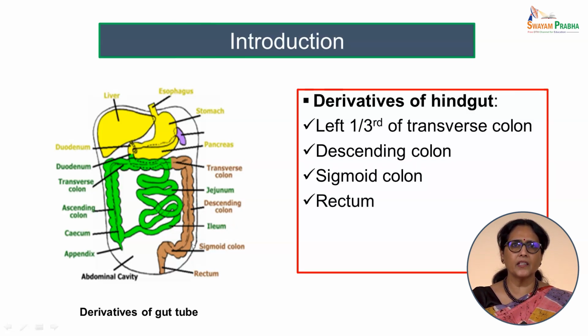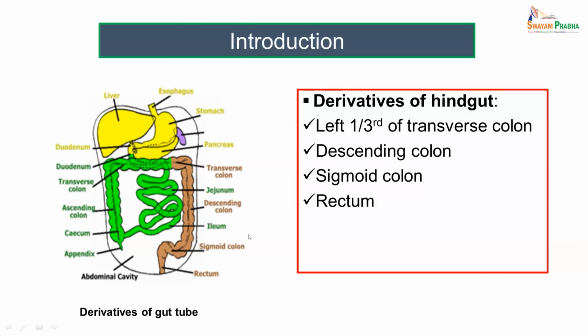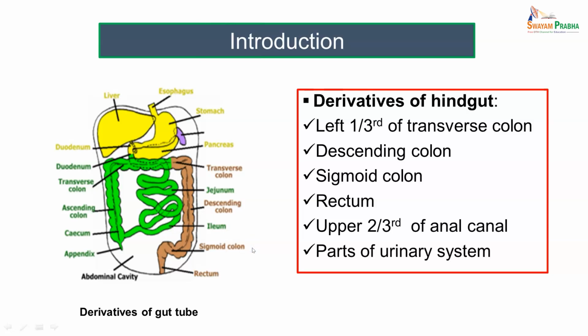All these are present on the left half of the abdominal cavity. The left 1/3 of transverse colon, descending colon, sigmoid colon, rectum. The other derivatives are the upper 2/3 of anal canal, which lies in the pelvic cavity, and parts of urinary system, which again lie in the pelvic cavity.